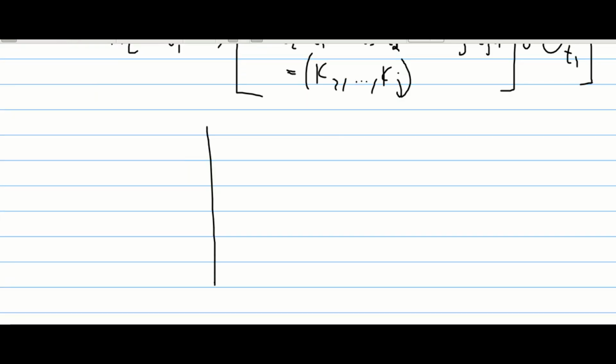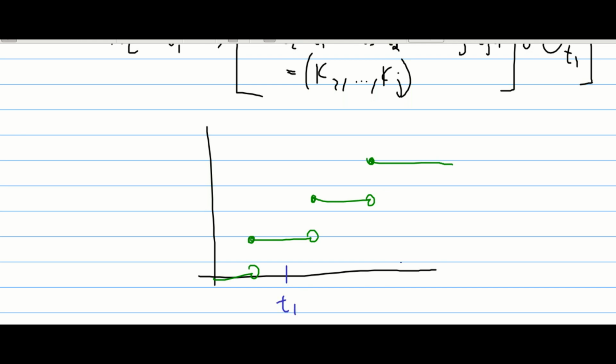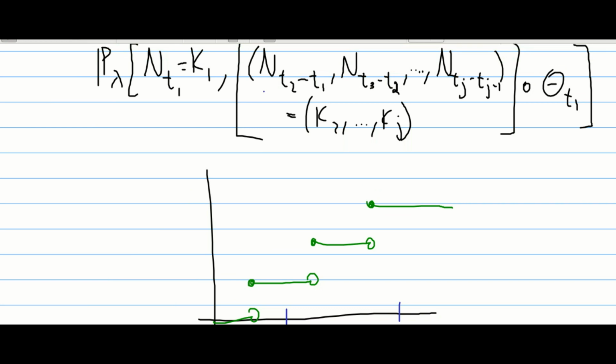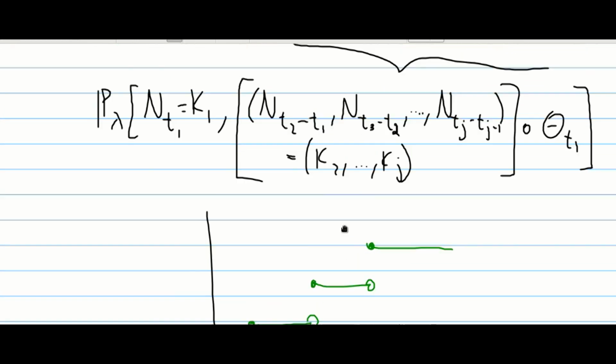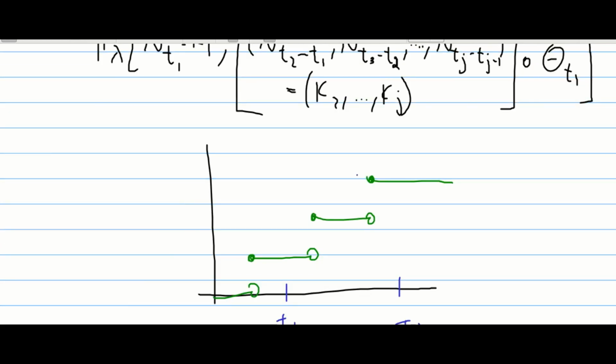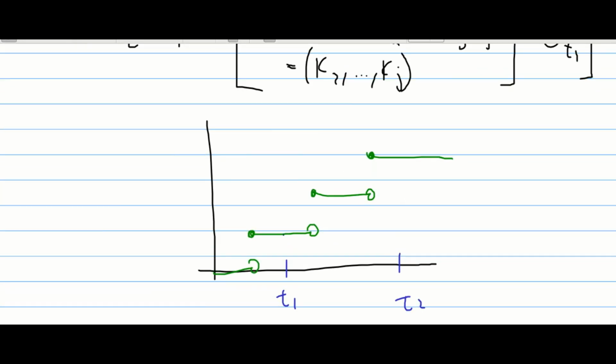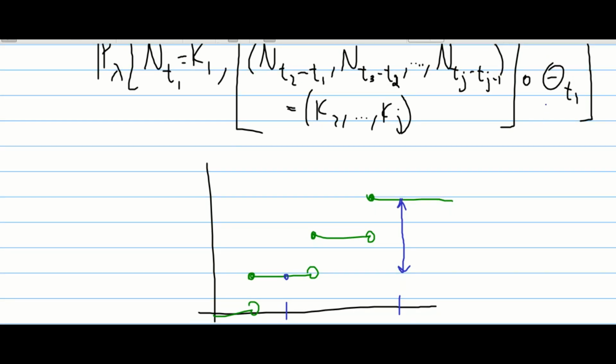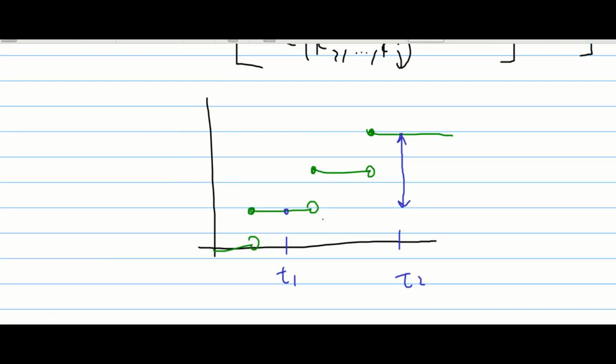Let's draw this in the picture. So here we have a process that makes several jumps. Here we have T1, and here we have T2. The first component of the vector, sorry, not this vector, the first component here is the number of jumps we do from this time to this time. So it's exactly this height here. Now, another thing we can look at is the theta t1. Theta t1 is shifting the axis to this new pair.